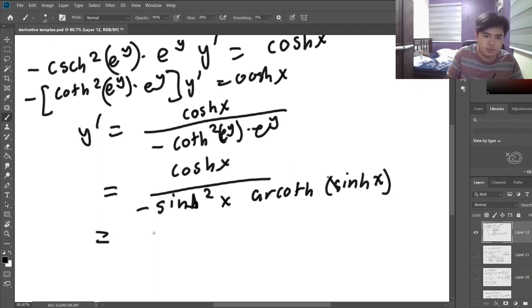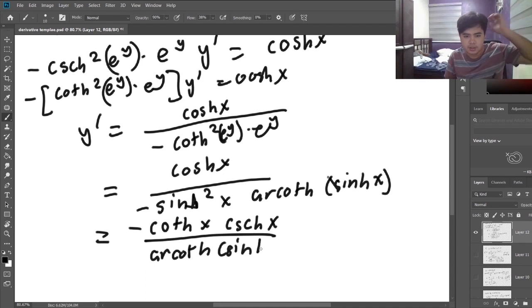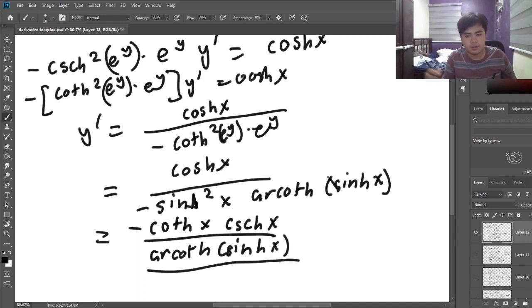So we can put negative cosh over sinh, and then 1 over sinh is hyperbolic cosecant x, over the inverse hyperbolic cotangent of sinh x. And there we go. That's the answer.